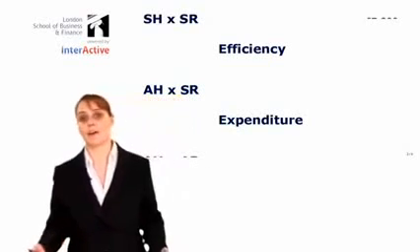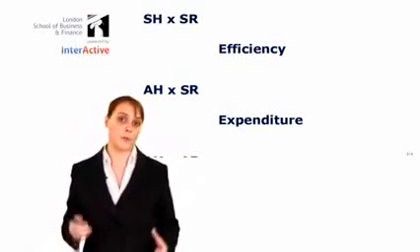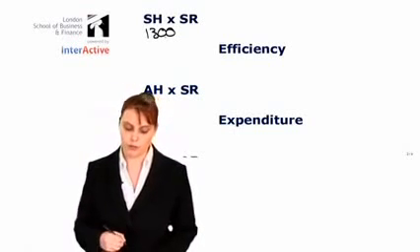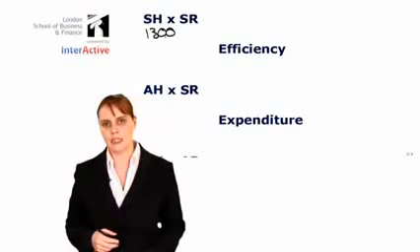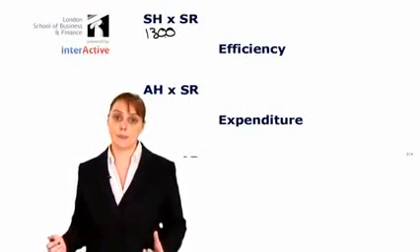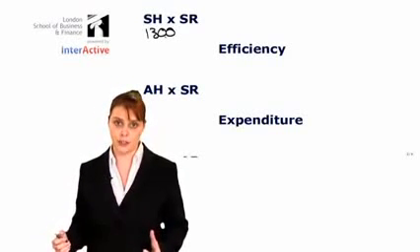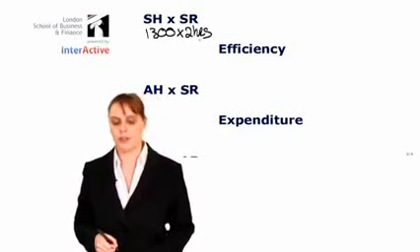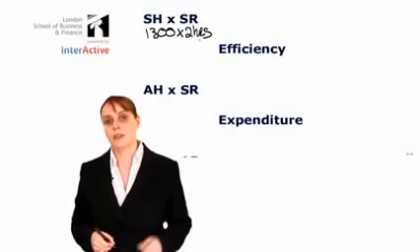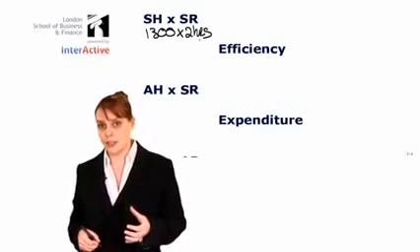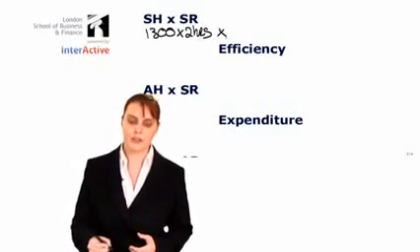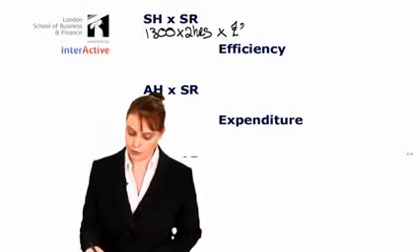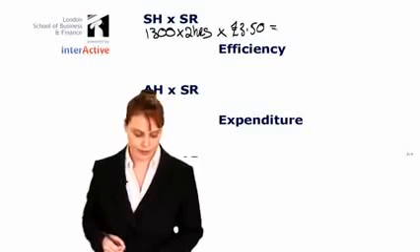So our standard hours at the standard rate, we should be used to this now. We take our actual production of 1,300 units. How long do we expect it to take to produce each unit? Standard hours per unit are 2 hours. Now we value this at our standard rate, but it's our standard variable overhead rate per hour, which is £3.50.